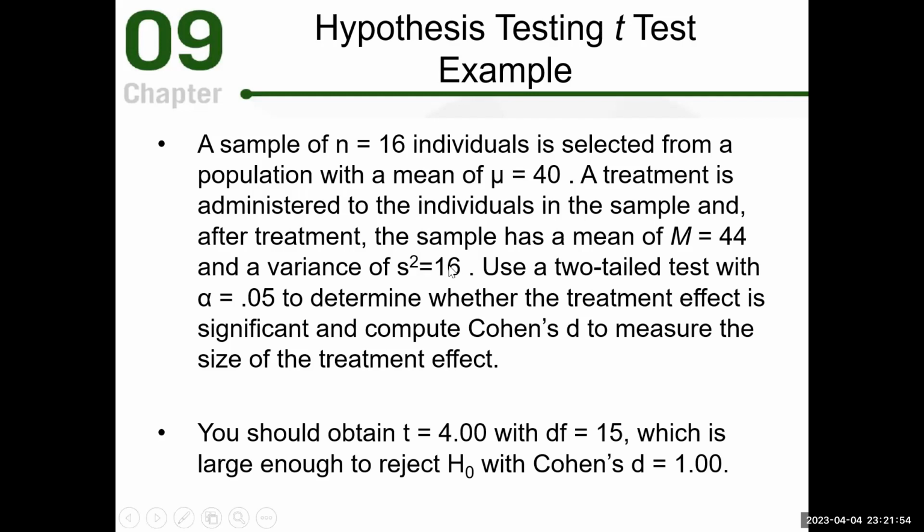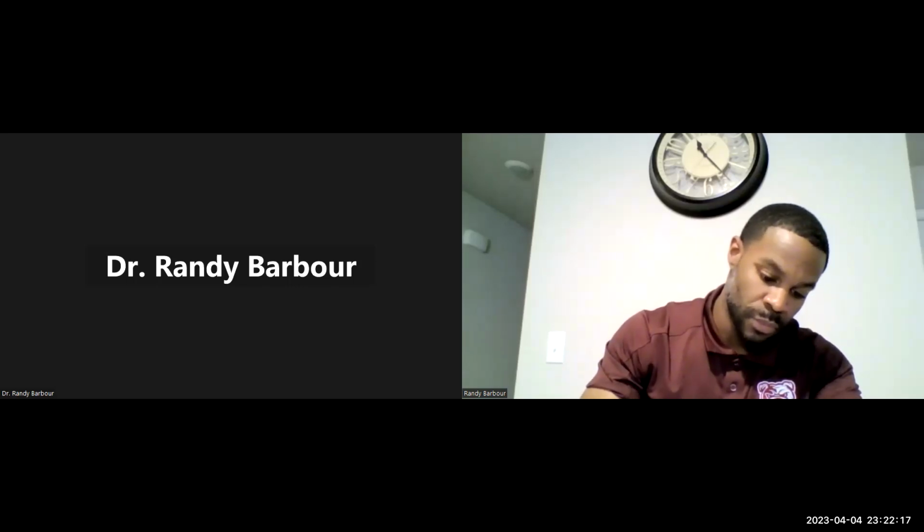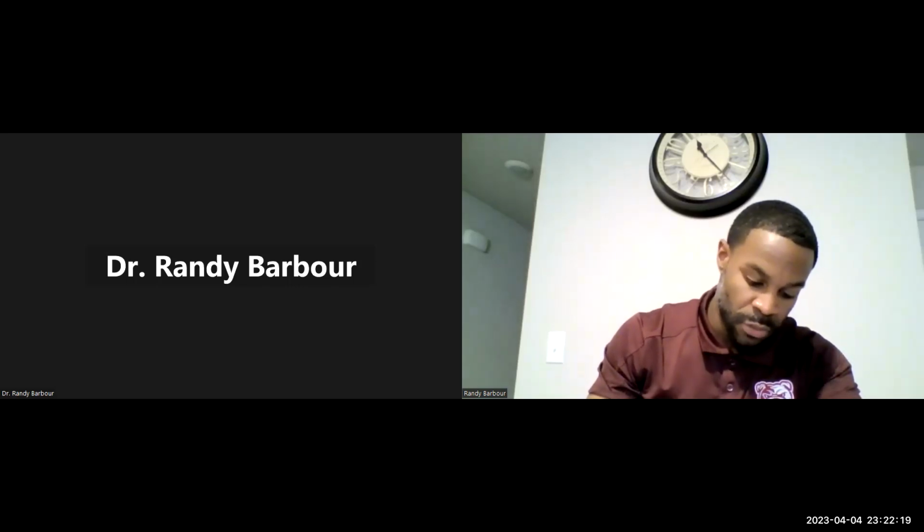I'm just going to go over the Cohen's d. You can do this example on your own, but you should obtain a t-test of 4. You're going to have a degree of freedom of 15, since n equals 16, so n minus 1 gives me 15. I'm just going to go over the Cohen's d so you get the opportunity to see that one more time. Let me share the whiteboard again.